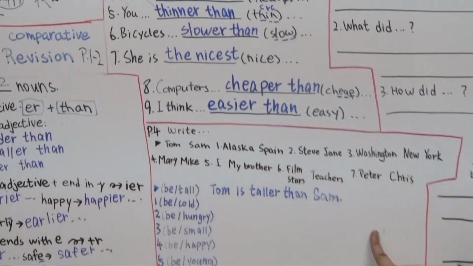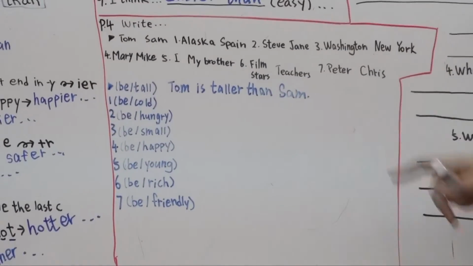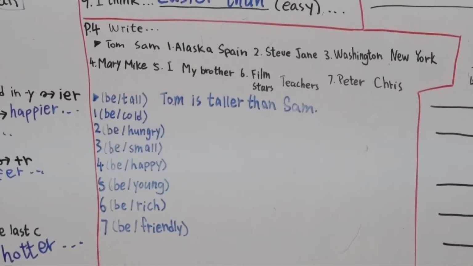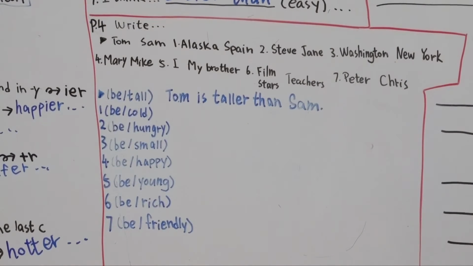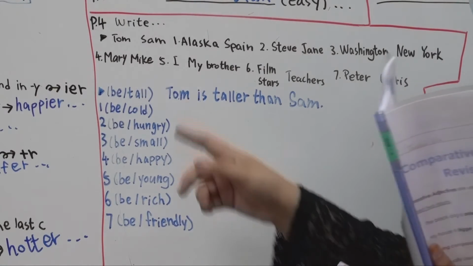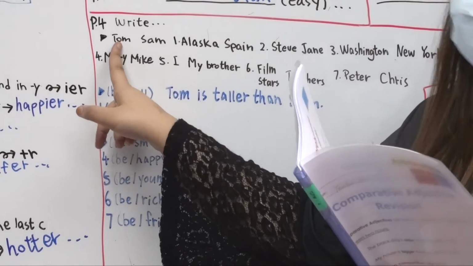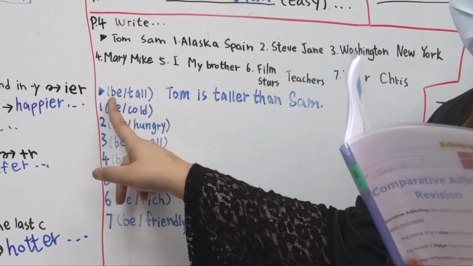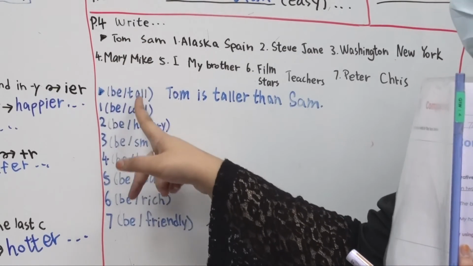Page number 4. So, comparative adjective revision. Write comparative sentences about the pictures using than, and the words in the brackets use the present simple. So present simple, remember how do we use present tense? Let's have a look at the example. So the example is Tom, Sam, right? And then they have given you be, tall.